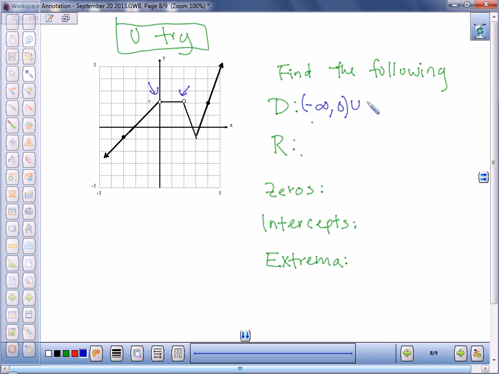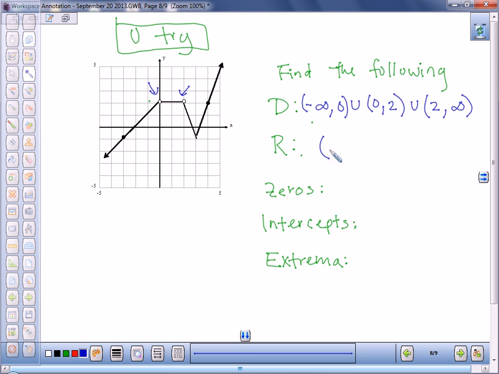Parentheses 0 to 2. What's my last interval? 2 to infinity. Beautiful. Range. Is every single y value accounted for? Yes. It goes down here forever, and then it goes up here forever. So it's going to be negative infinity to positive infinity.